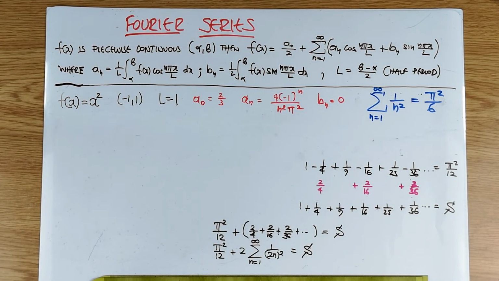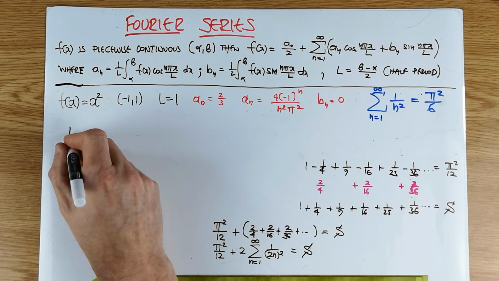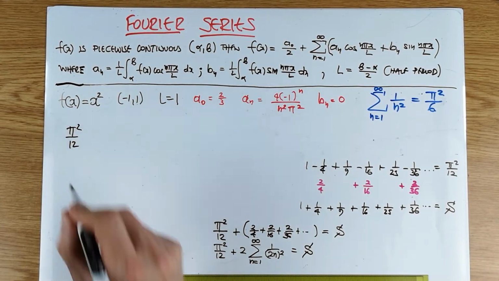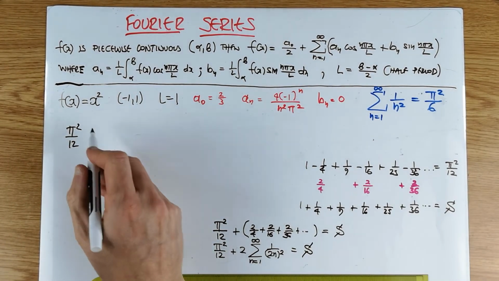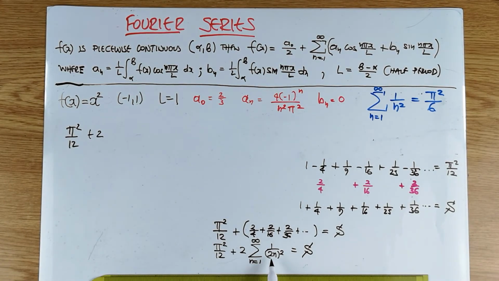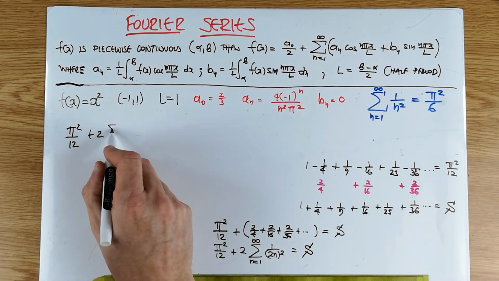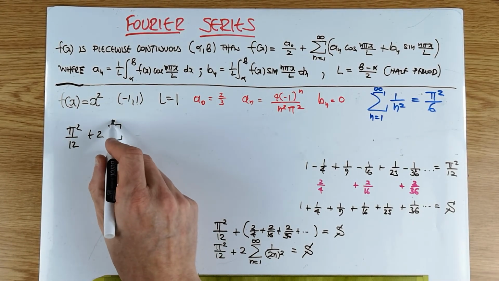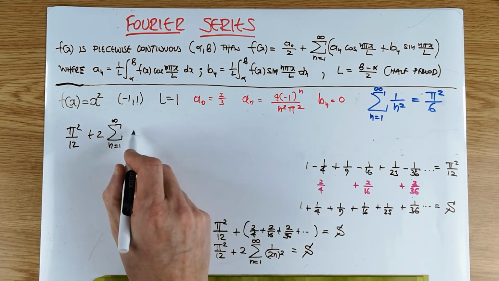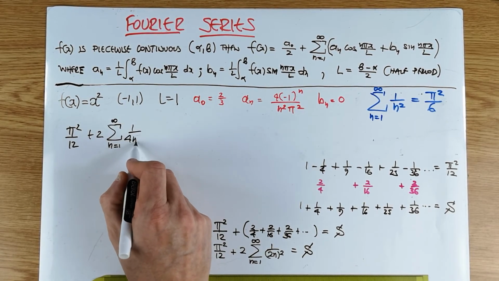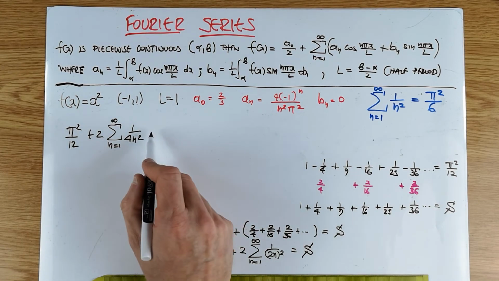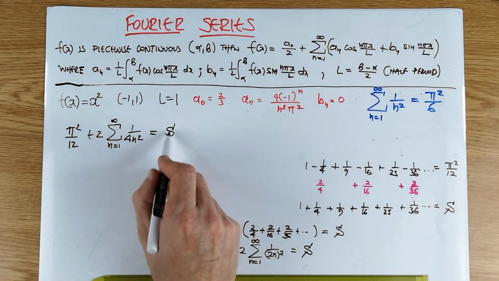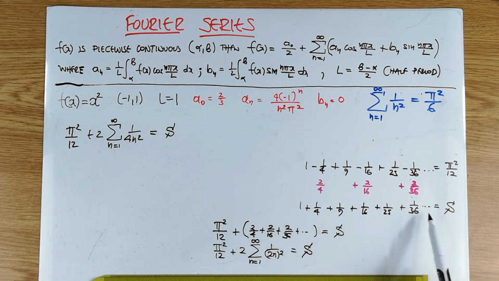Let's take it a step further. I'm just merely rewriting this. Pi squared over 12 plus 2. This I can expand, so I can actually say, okay, no problem. That is going to be the sum of 1 over 4n squared, which is equal to my s, where my s, of course, is the desired sum, the very famous sum that I'm trying to find.